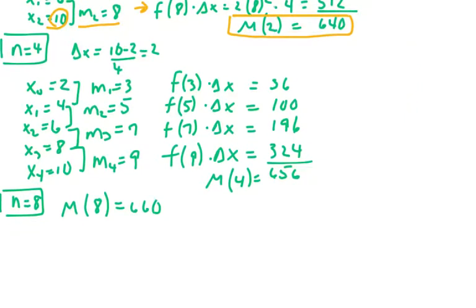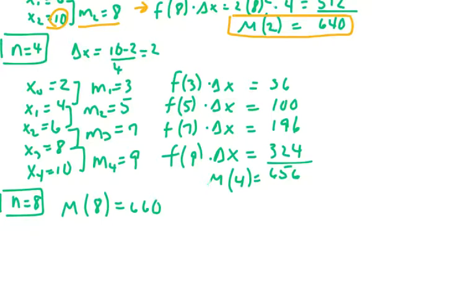So n equals 4. I didn't go into as much detail with the calculations. Hopefully you get the idea by now. But again, you compute delta x, and delta x is 2. You set up your rectangles, find the midpoints, and then substitute that midpoint into the function to get the height of the rectangle and multiply by the width, which is delta x.